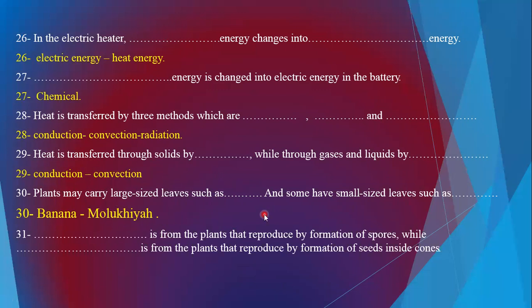31 A is from the plant that reproduce by formation of spores. الحقيقة عندنا هنا أكثر من plant، لكن احنا هنشوف الحاجة الأسهل اللي هو الفوجير، أو نقدر نقول أديانتم. يعني نختار حاجة من اتنين، فوجير أو أديانتم. هنقول الفوجير for example.